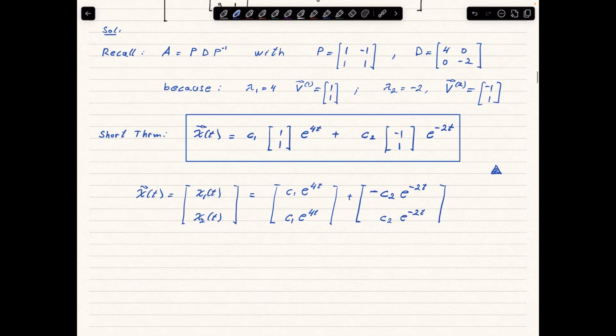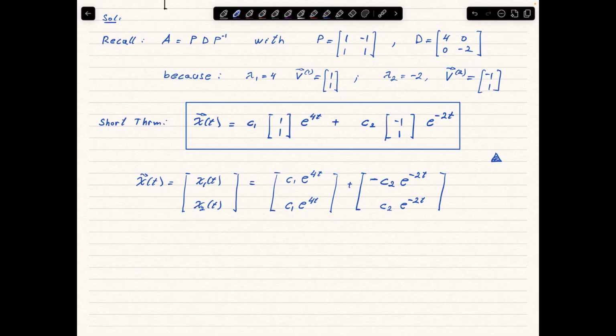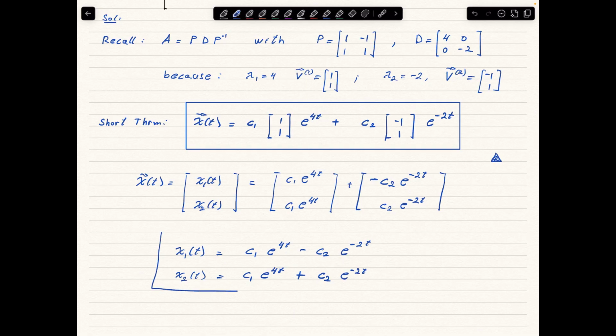And now what? Well, now we put everything together and then we get that x1, the first component of the solution, is going to be C1 exponential 4t minus C2 exponential negative 2t, and the other solution, x2 of t, is going to be C1 exponential 4t plus C2 exponential negative 2t, and C1 and C2 are arbitrary constants.